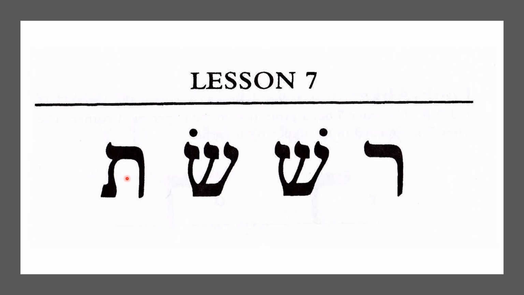The dagesh or dot is a stopper. It stops the air. So when air is blowing through it, the way you represent that, if you were transliterating it, is you add an H to it. So TH. That's why you can hear the word pronounced Shabbat or Shabbos or Sabbath.